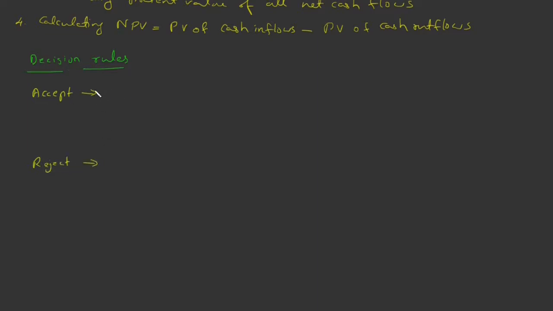The project is accepted when NPV is positive, that is, present value of cash inflows is greater than present value of cash outflows. So what will happen? If present value of cash inflows is greater than present value of cash outflows, we can see it will increase shareholders' wealth.